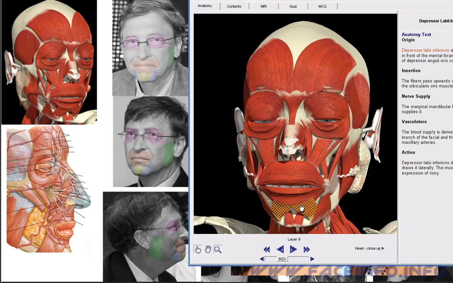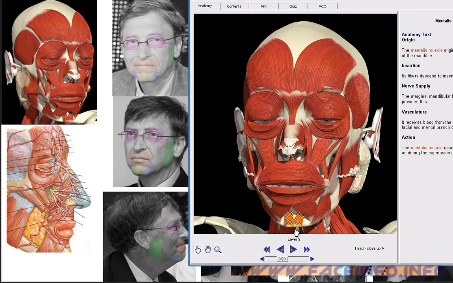And if you strain your depressor labii inferioris, here in the middle, you can feel a recess between the right and the left muscles of the chin. And the cleft is formed because there is a distance between the right and the left chin muscles.